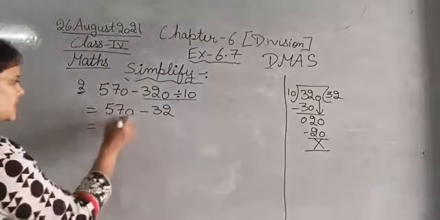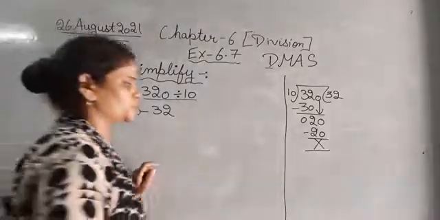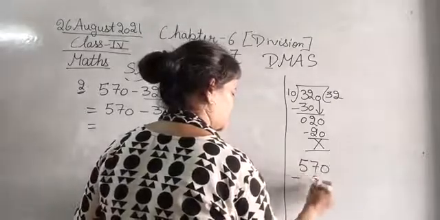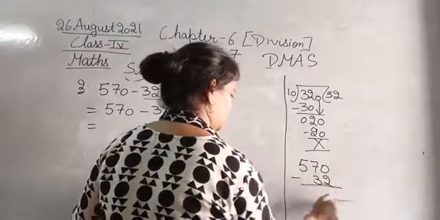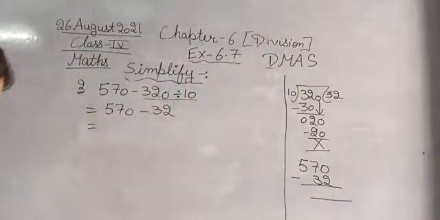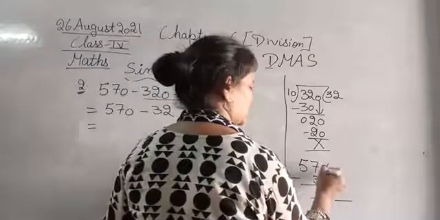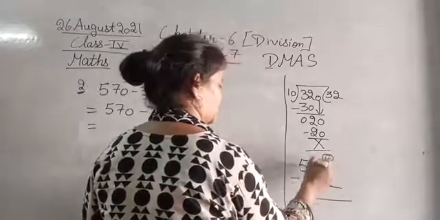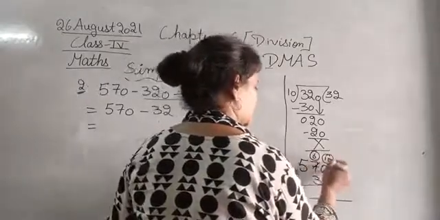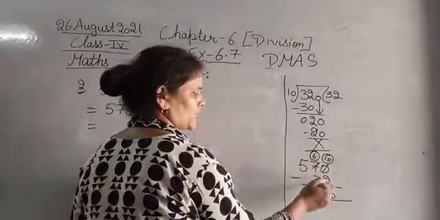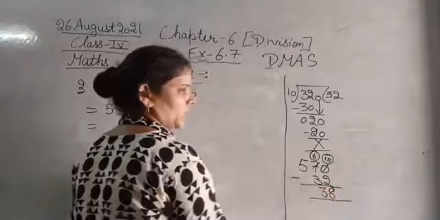So 570 minus 32. Let's solve this. This is 10, this is 6. 10 minus 2, 8. 6 minus 3, 3.